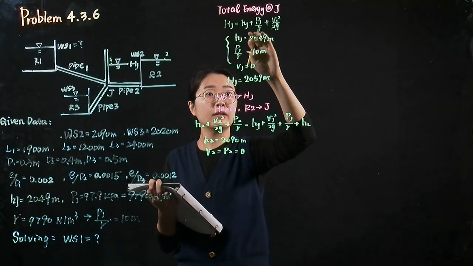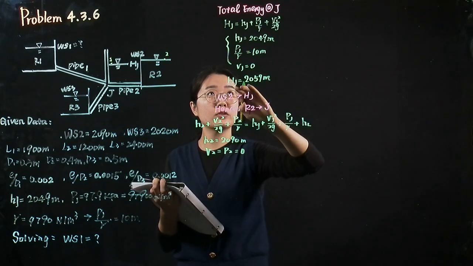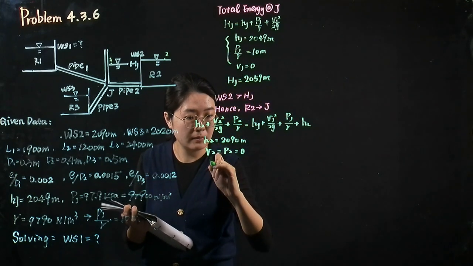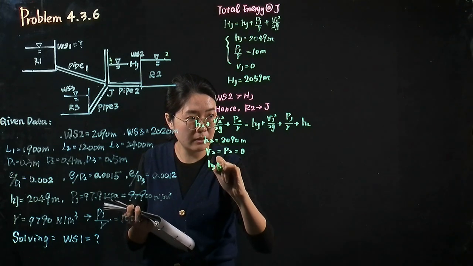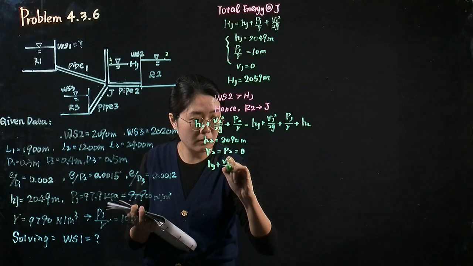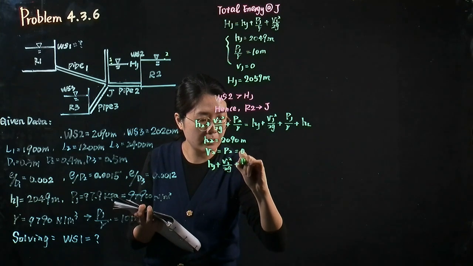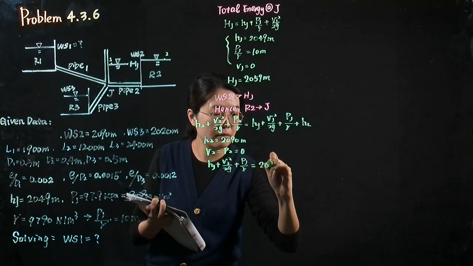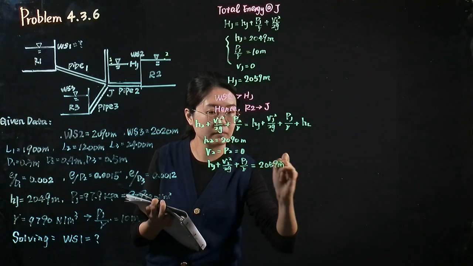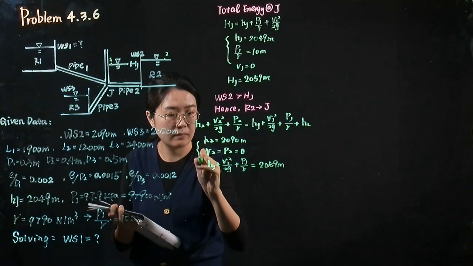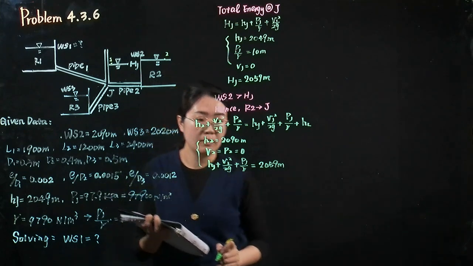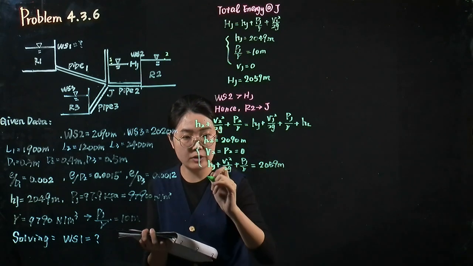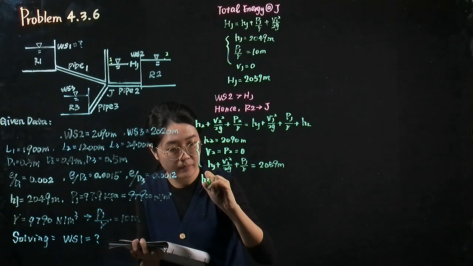And if we bring the value of the total energy into this equation, the total energy at J equals to 2059 meter.